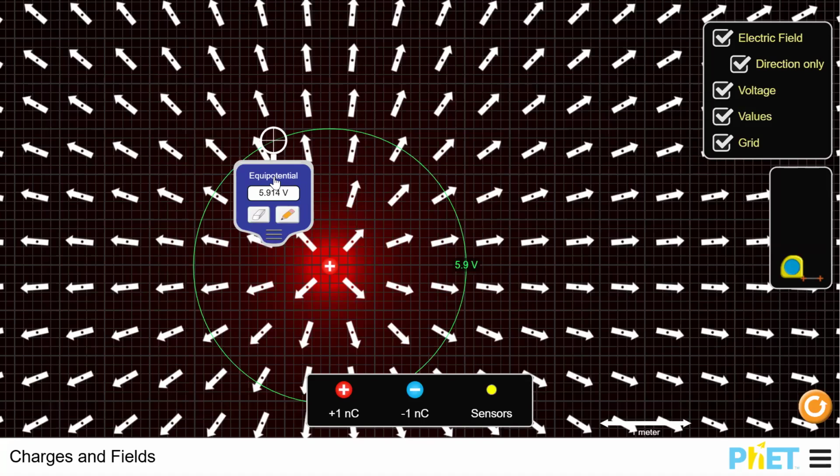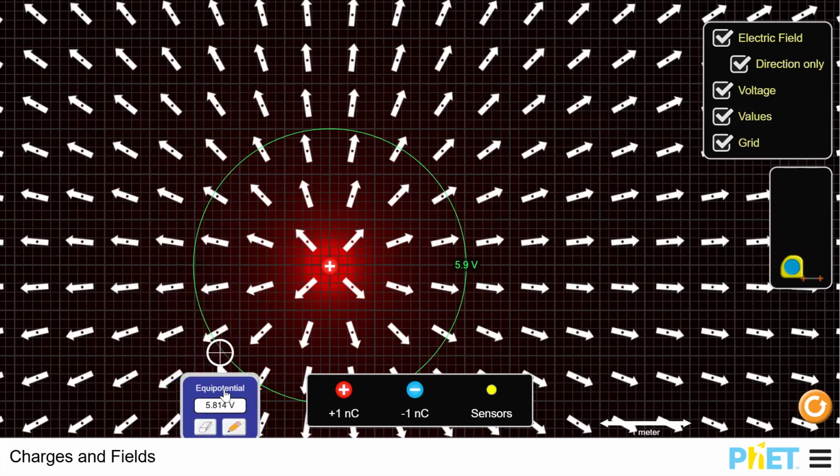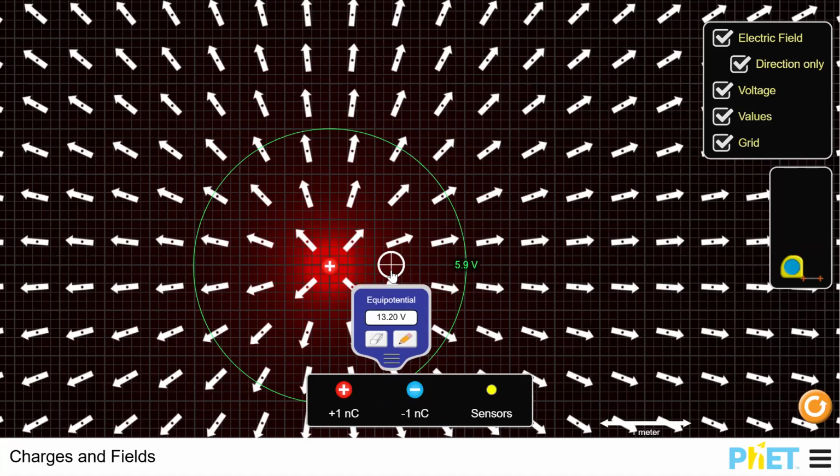So it is always equal to 5.9. So now you are familiar with that potential. That means the potential at an equal distance from the charge is equal. So this green line denotes the equipotential surface. Like that, you can move the same tool here.